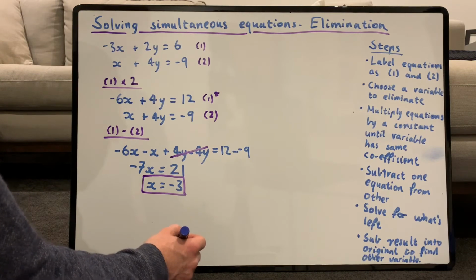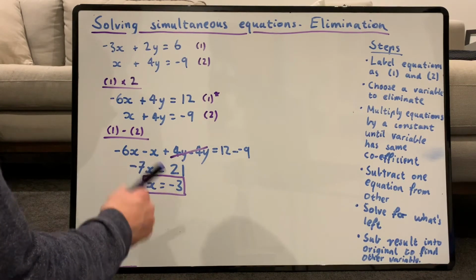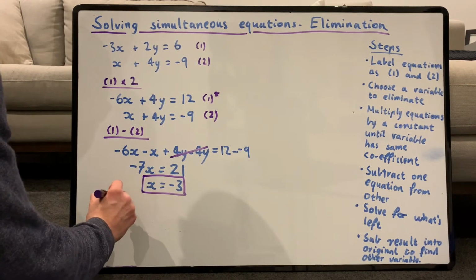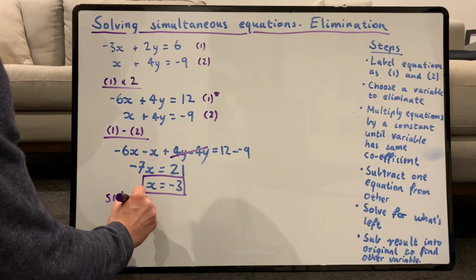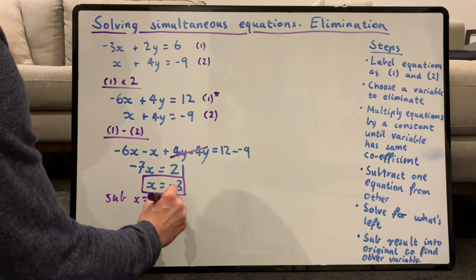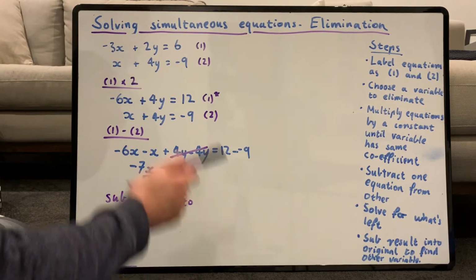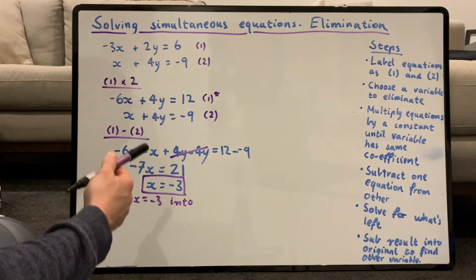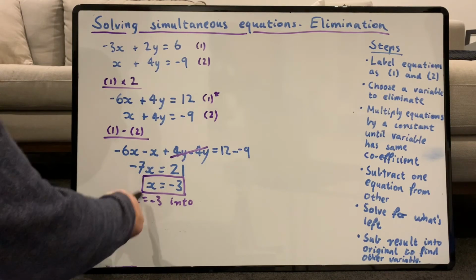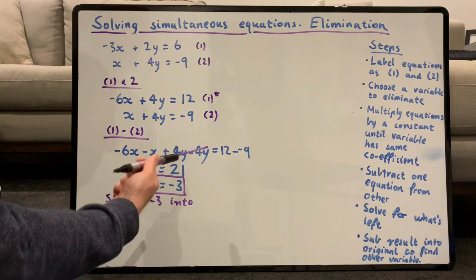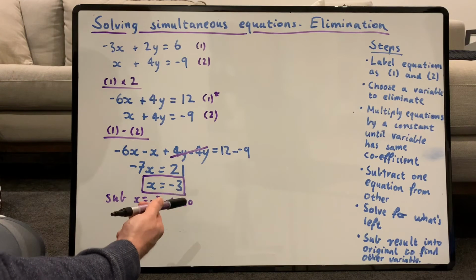And now we substitute back into the original. So sub x equals negative 3 into, and again, it doesn't actually matter which one you sub it back into, because this is meant to be a solution for both. That's the whole point. So you pick the easiest one.